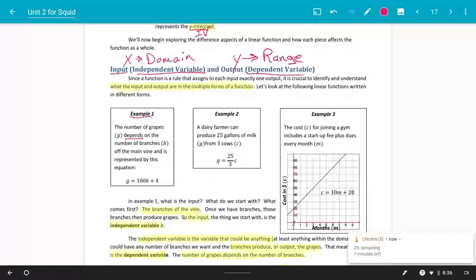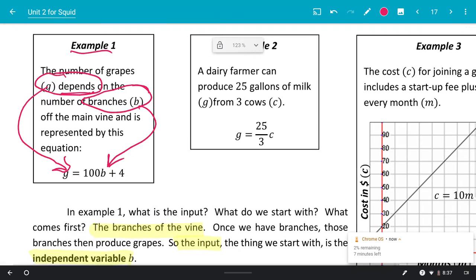B. So what's the independent variable or the input? B, the branches. We can also see that is 100 times B, right? That's the input. That's where our X normally is, isn't it? That's cool. And then what's our dependent variable? G depends. Notice that's where our Y normally is, of Y equals mx plus B.